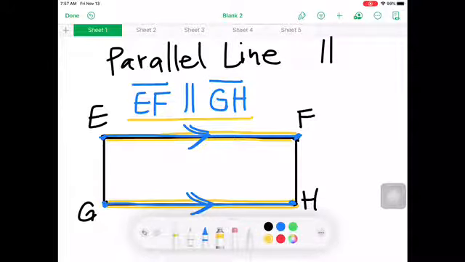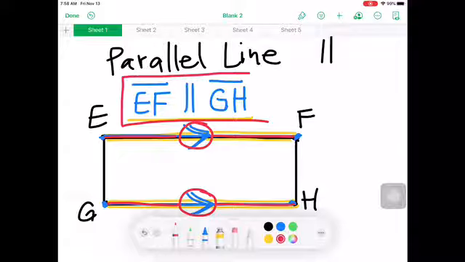To review, we have the symbols that show that is true. Line segment EF is parallel to line segment GH. And then we also have the naming to show that line segment EF is parallel to line segment GH.